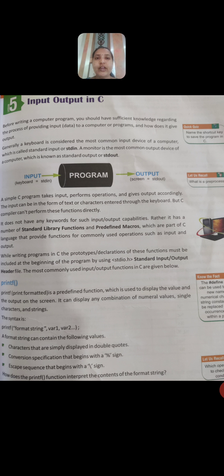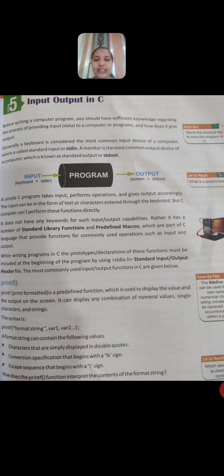Through the monitor you will see the output. To see that output, we use a function called printf. This printf can display any combination of numeric values, single characters and strings.